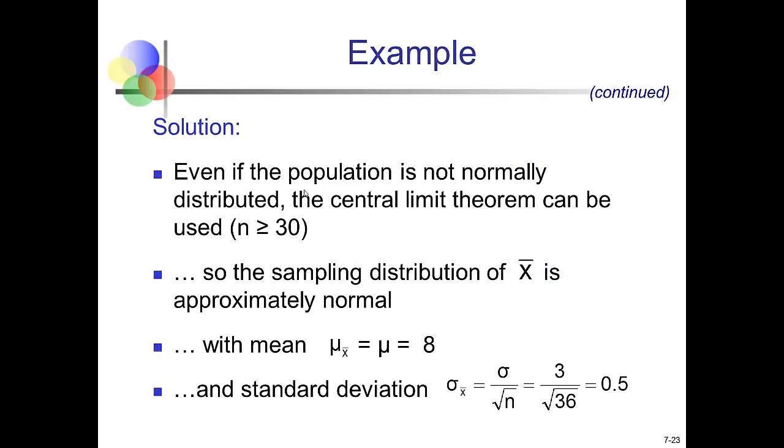For this example, even though we don't know what the population distribution looks like, the central limit theorem applies because n is greater than or equal to 30. Our sample size was actually 36. Because of that, we know that the sampling distribution of all of those means must be approximately normal. The center of that distribution is at 8, and the standard deviation of the sampling distribution is 3 divided by the square root of 36, or 0.5.